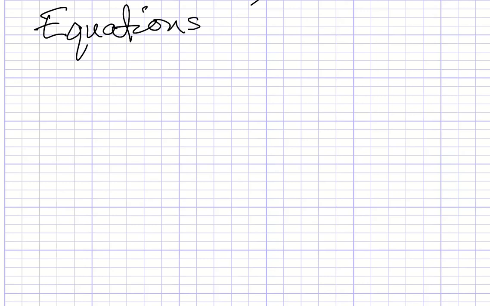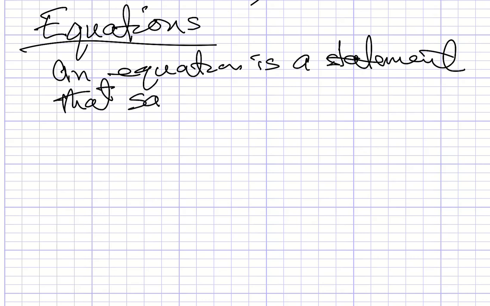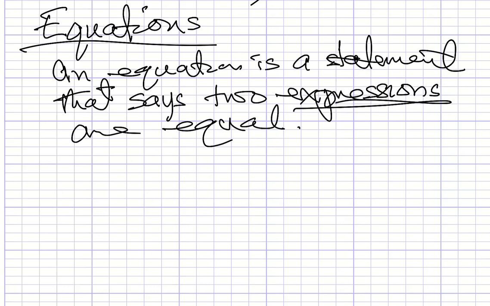An equation is a statement that says two expressions are equal. You see that I'm using the term I showed you before. That's why I tried to define expressions before.